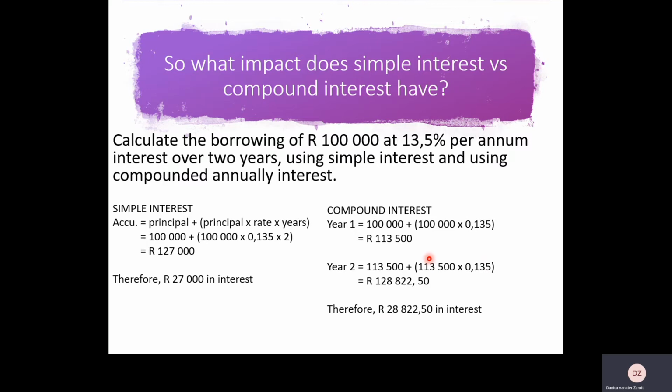Now, when you are investing, you want the opposite of all of this. So now you want to gain money. We try to avoid simple interest. We want compound interest. And specifically, we want the highest interest rate possible. We want as many compounds as possible.